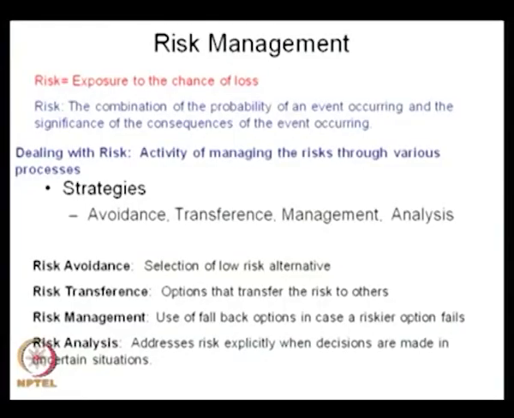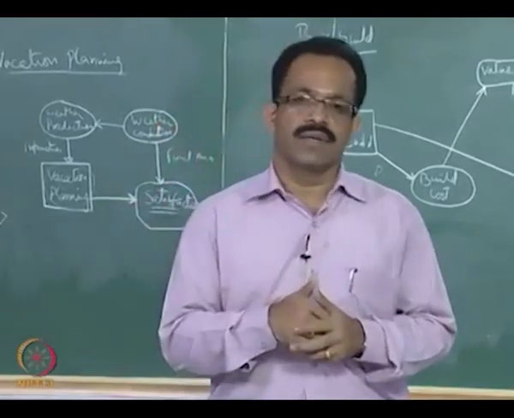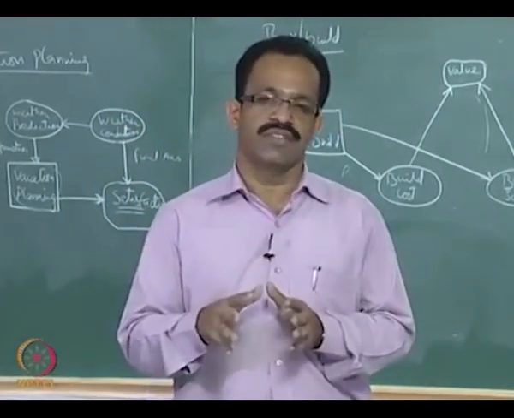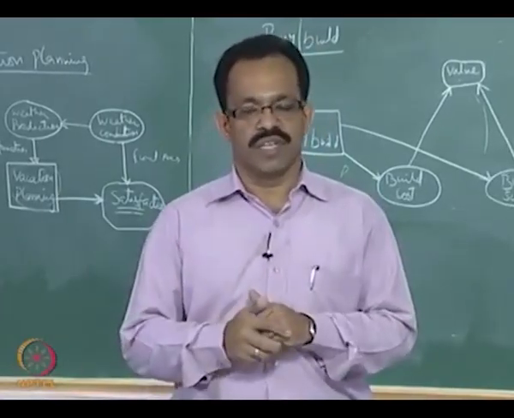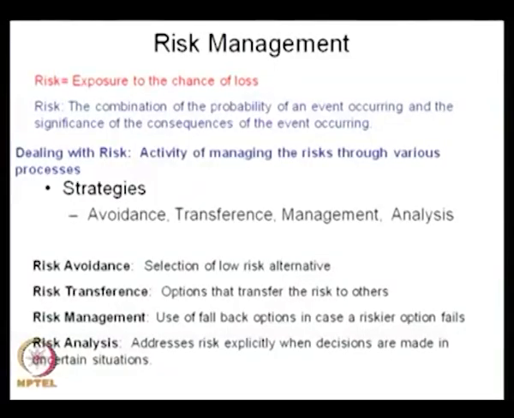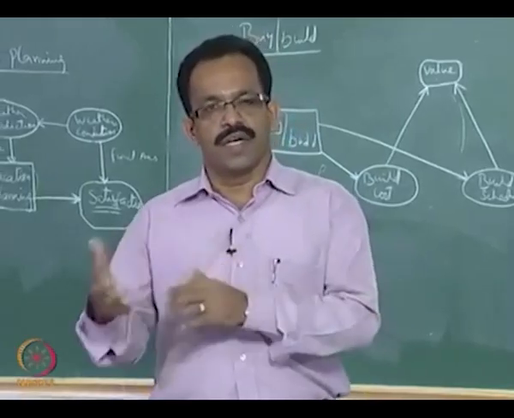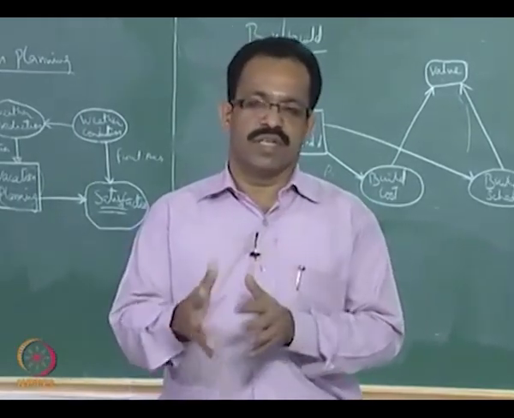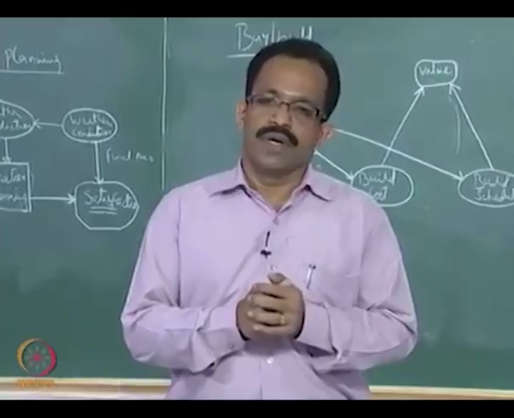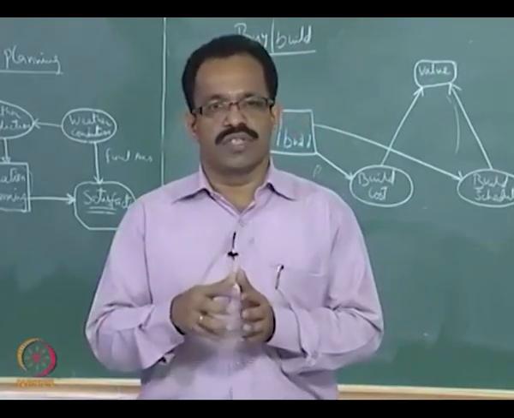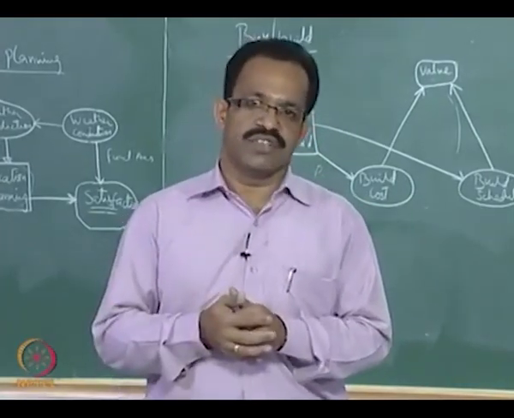There are many ways of doing risk analysis. Again, we will have another lecture on risk analysis and how to avoid risk. I just want to tell you that when you take a decision, the basic idea is to reduce the risk. That is why I introduced this topic to you. The more detailed discussion on risk will be done at a later stage.